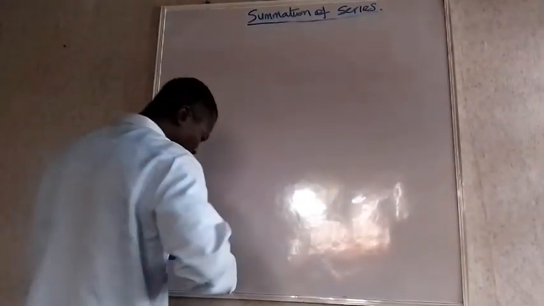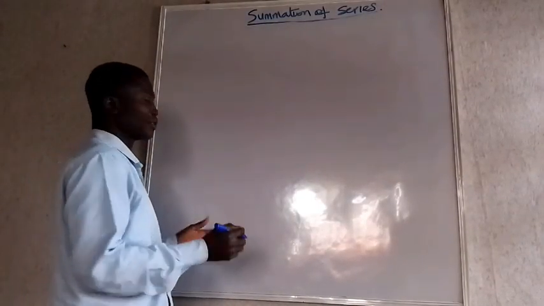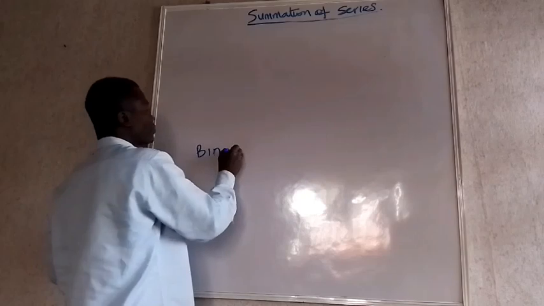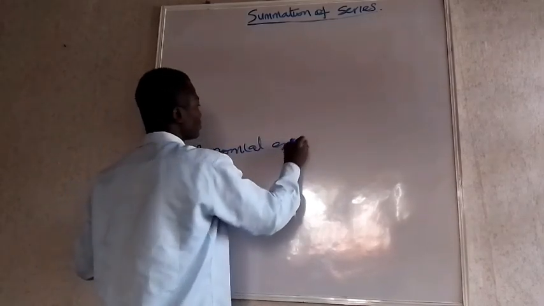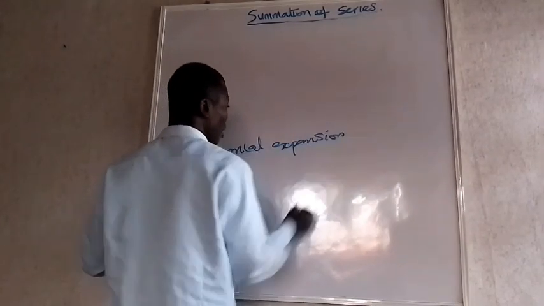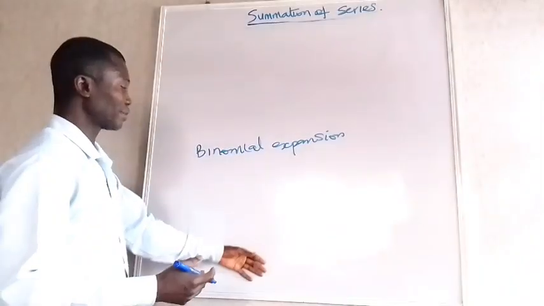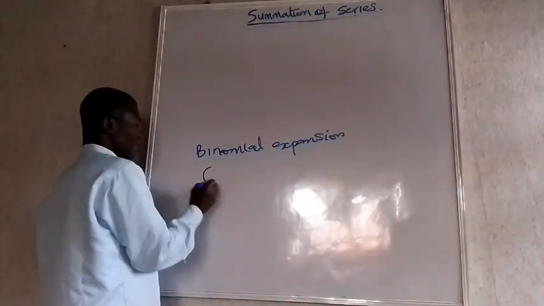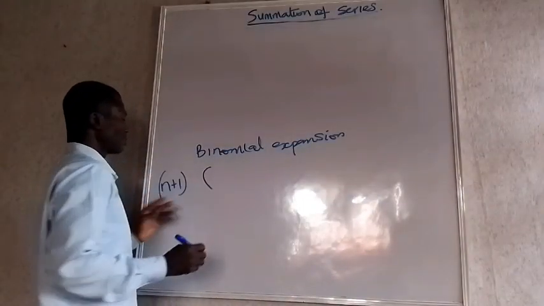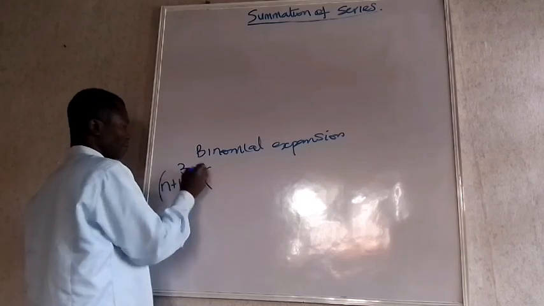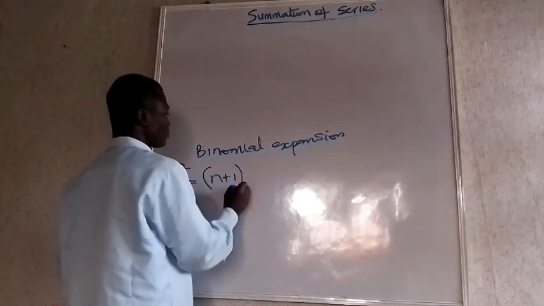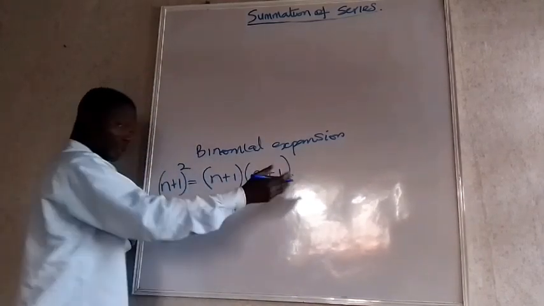Now to enjoy this better, it's good you understand a little bit of binomial expansion. Or if you have not really studied binomial expansion, you can easily know that when we have n plus 1 raised to power 2, it's going to be n plus 1 into n plus 1. Just multiply it out, you get your answer.